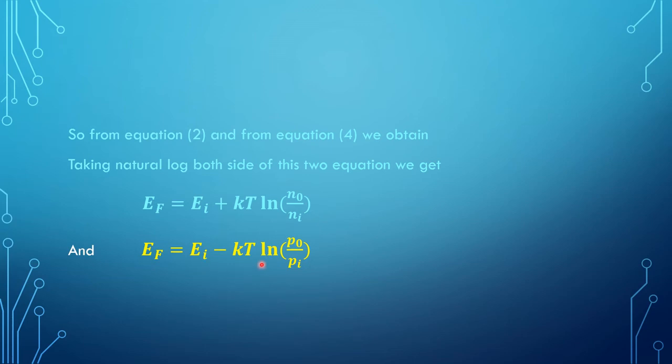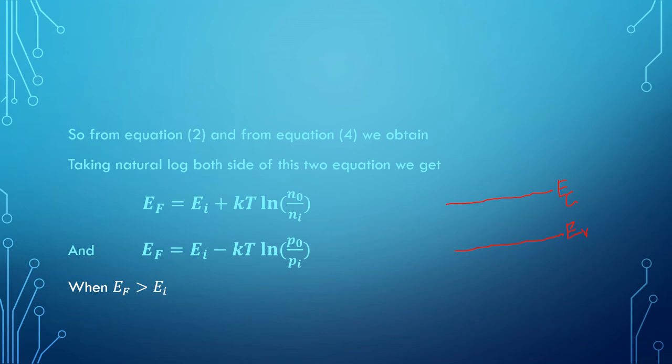Here we can consider two cases. First, EF greater than EI, that means the Fermi energy is greater than the intrinsic energy. When this condition occurs, EF is near the conduction band. This is the conduction band, we know, and this is the valence band.